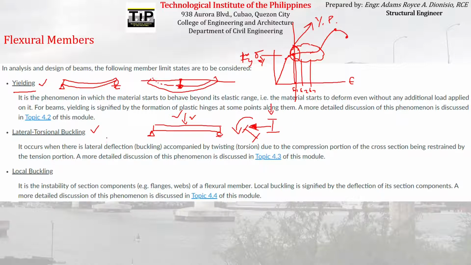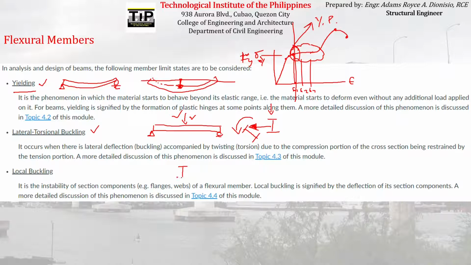And then yung lateral torsional buckling, ganito naman yung nangyayari. Nagla-lateral deflection na siya, tapos nagba-buckle pa siya, umiikot pa yung member. Sa local buckling naman, ang nangyayari, yung section components mo yung nagba-buckle. Okay, so siya yung nalulukot kumbaga.